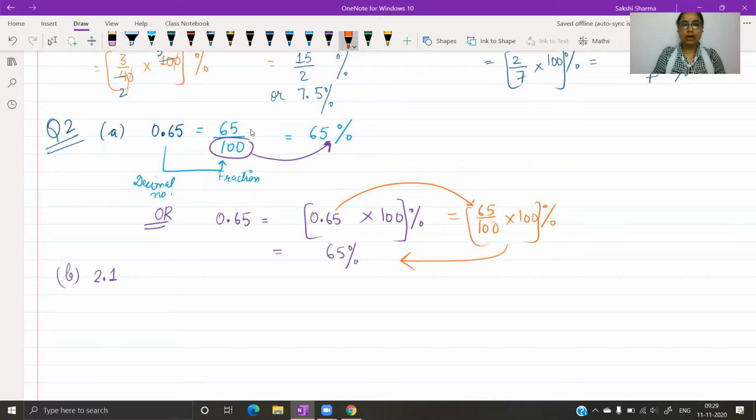Yeah. So I'm going to do the same now, the one which I did in the first question. I will follow that one. Multiply with 100%. Simply.